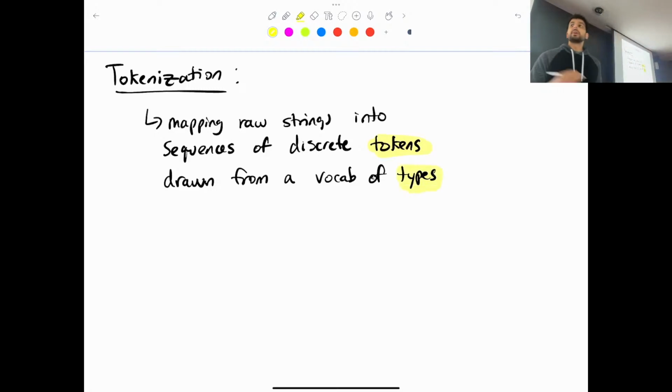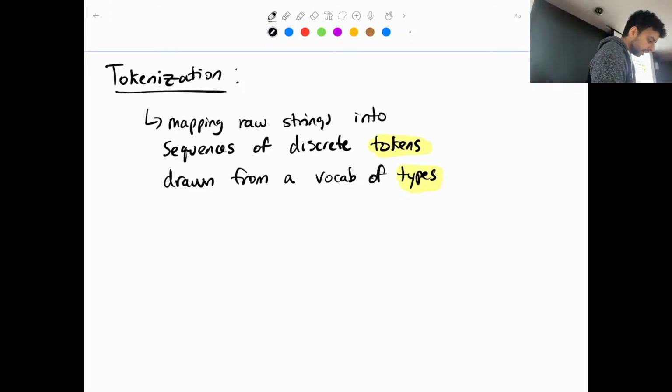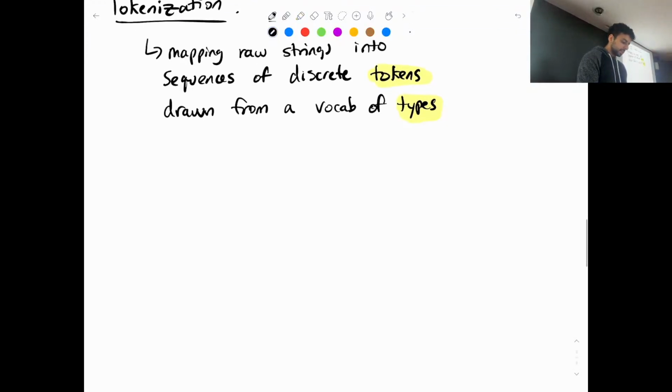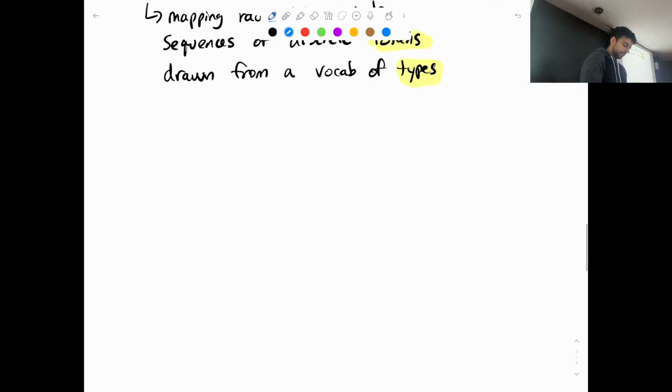So the tokenization process generally has two outputs. One is a vocabulary of all the word types, and the other is some sort of way that, given any arbitrary string, you can segment it into a sequence of the tokens. So just to make this more clear, let's take our example again.